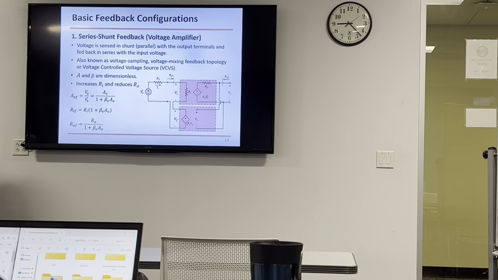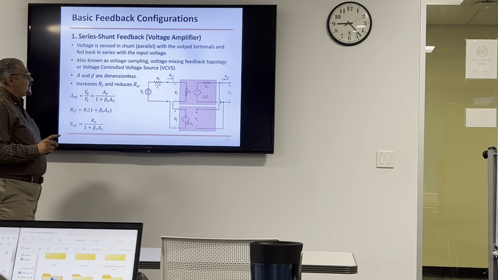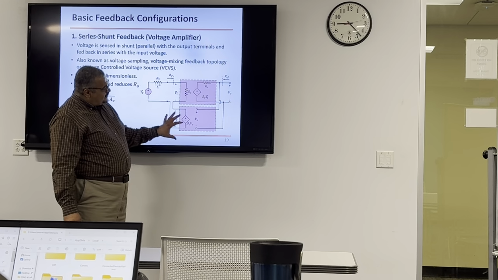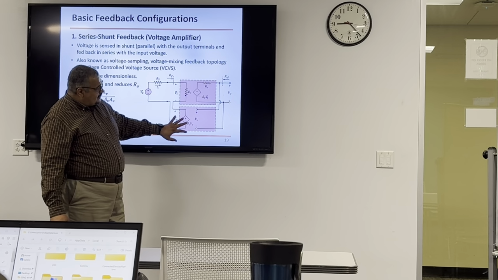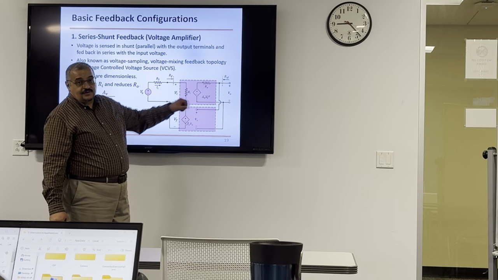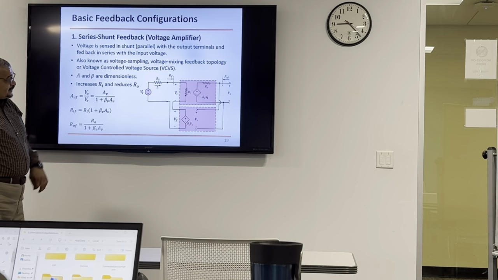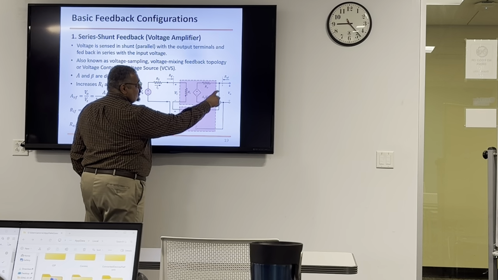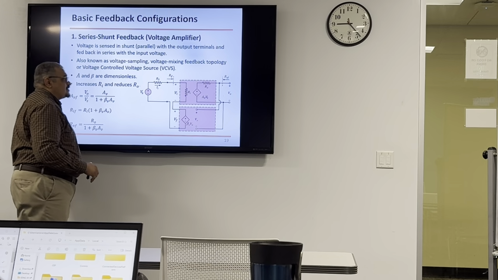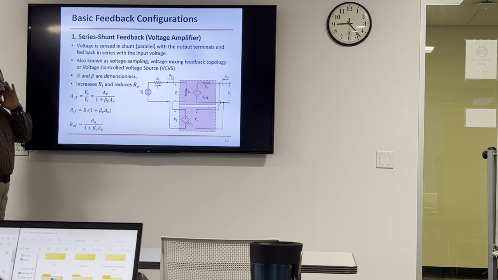So we do direct analysis under certain conditions. You can see here the beta or the feedback function does not load the actual amplifier, right? So this is very high impedance, so there's no load here. If this is the case, it's easier to use the direct method like this.